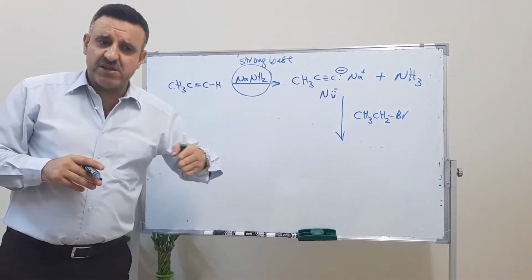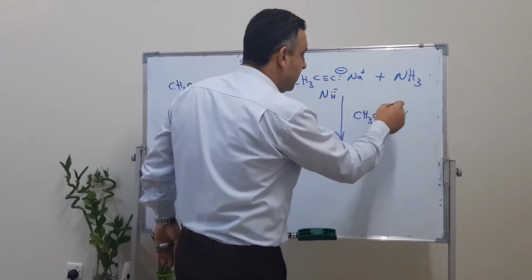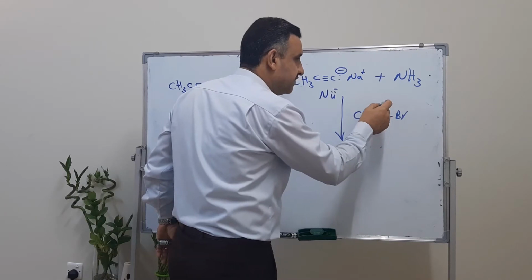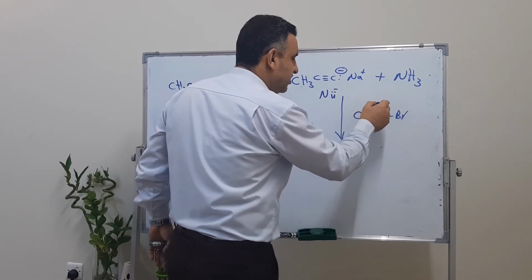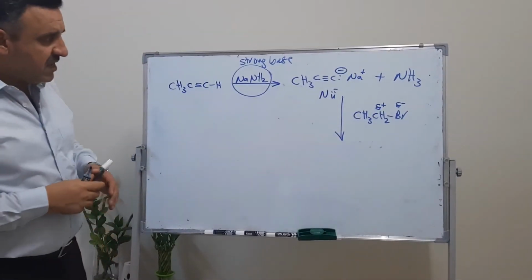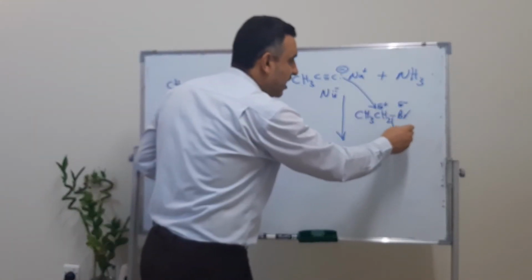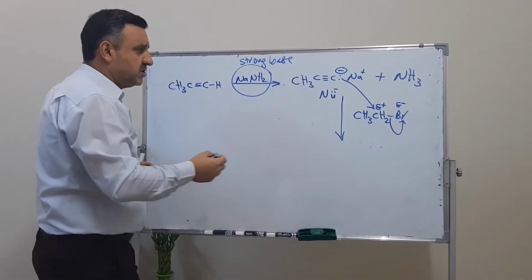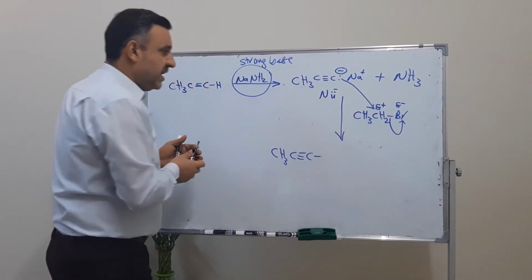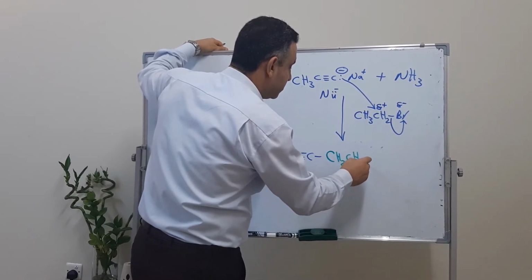We will see this in more detail in chapter 11, but for the time being, you should know that the carbon attached to the halogen is partially positive, and this nucleophile can attack this carbon, and the halogen will leave. So what we get is CH3, C, triple bond, C, then the carbons which were attached to the halogen.